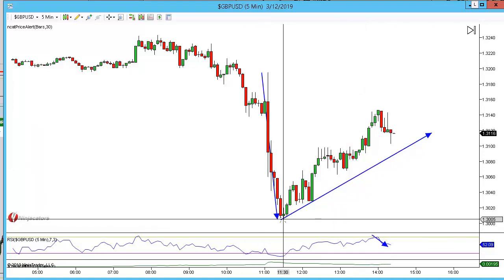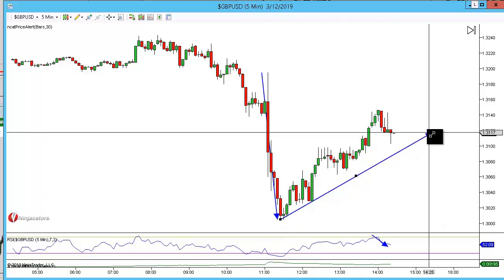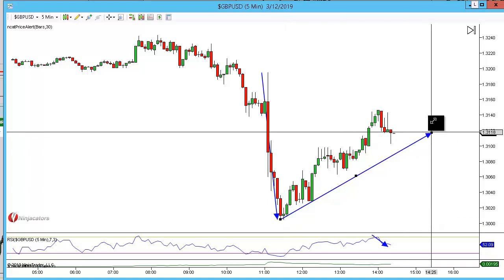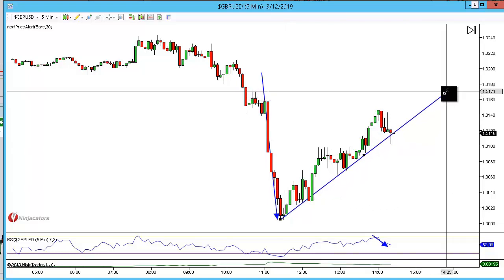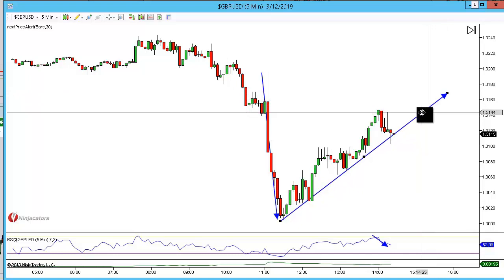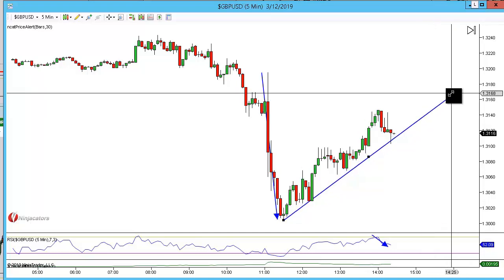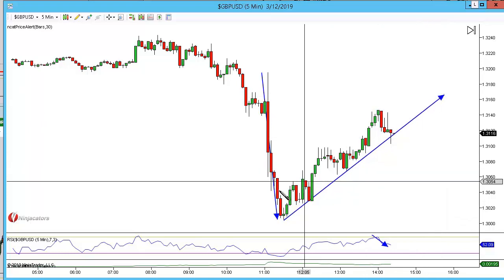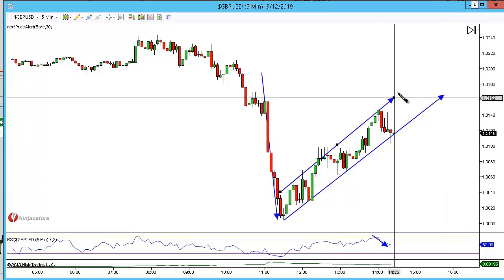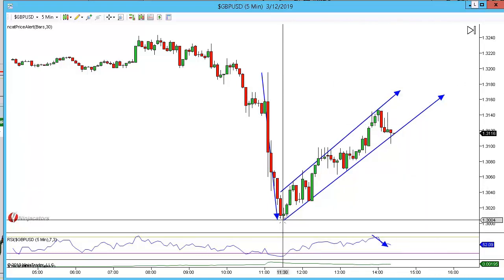Now there's one thing to bear in mind, and that is that structure on the lower time frames is not going to be as accurate as it is on the 15 or on the hourly or 4 hourly. So this one, I'm actually going to take it from the wick, like this and like this. That actually does not look right.